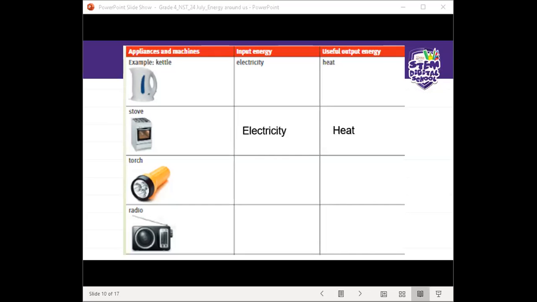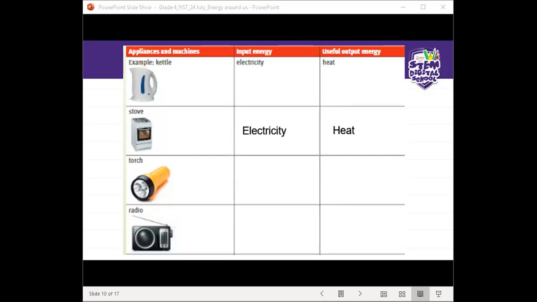Okay, Bramlin. What's the input energy and the useful output energy of the torch? The input energy for the torch, what is it? Light.